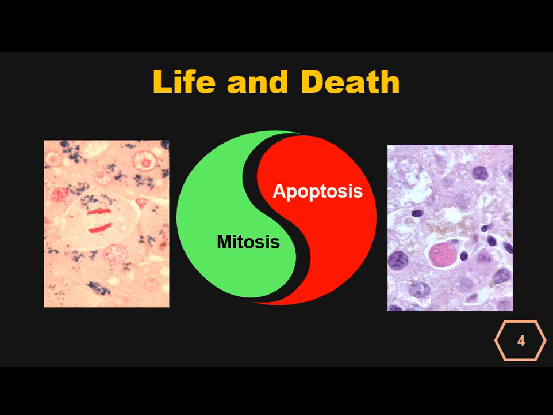The smaller, darker one means your nucleus is condensed, and that's one of the morphological changes when the cell undergoes apoptosis. So both life and death terminology come from scientists observing the microscopic phenotype and then giving it this word.